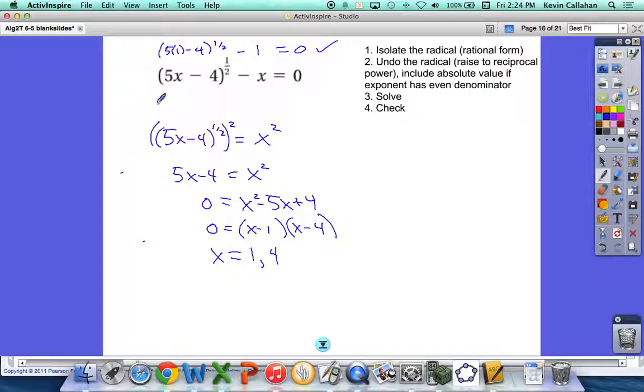Try this one. 5 times 4 minus 4 to the 1/2 minus 4 equals 0. So that'll be 20 minus 4, which is 16. The square root of 16 is 4. 4 minus 4 is 0. So that checks. So no extraneous. They were both good.